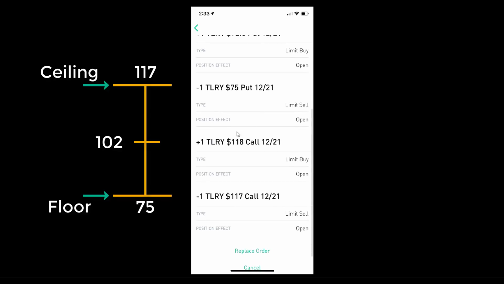So during expiration, it's got to stay between here and here. All right, it can't go above 117. It's got to stay below 117 and above 75. I know I'm being repetitive, but that's the important part of the iron condor, is it's got to stay within that range.